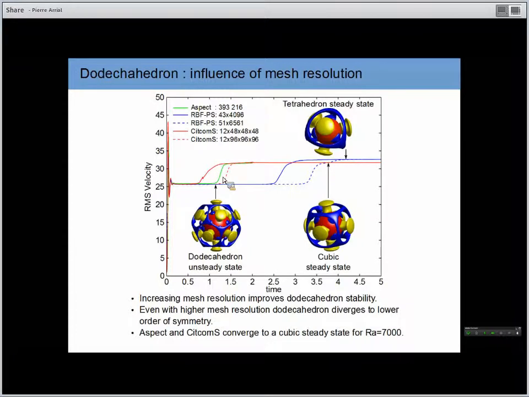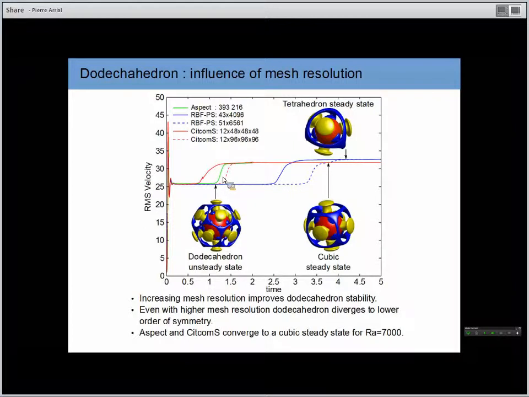We can also observe the amount of perturbation needed to destabilize the cubic steady state. We have a Rayleigh number of about 20,000, and also CitcomS shows almost constant thickness for this transition and a very regular transition as a function of Rayleigh number.